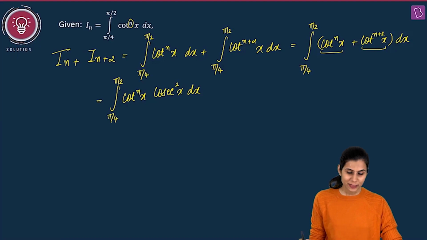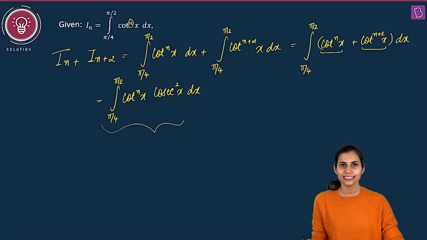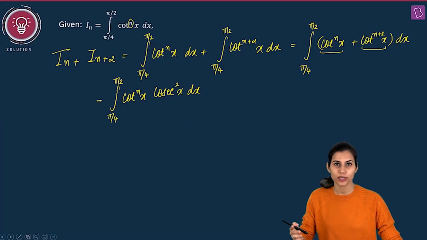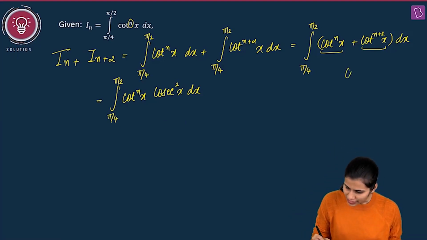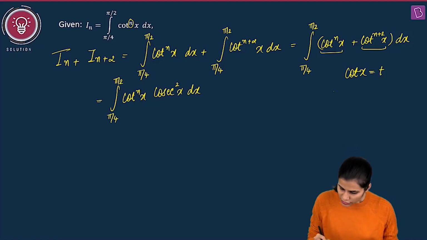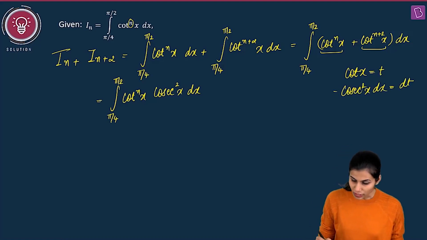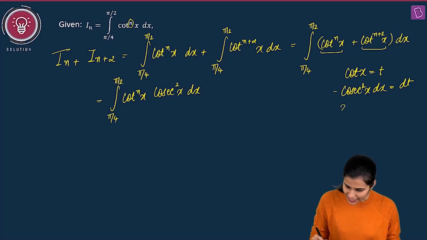Now it's very simple to crack this integral, isn't it? We know differentiation of cot is minus cosec square. So what I'm going to do is I am going to take cot x as t, method of substitution. So minus cosec square x dx will be dt. Okay? Also, what about the limits?